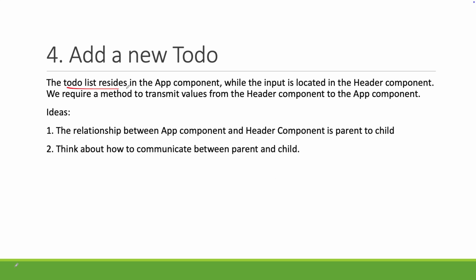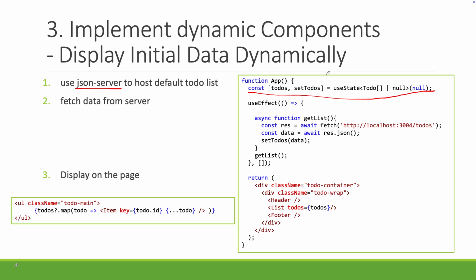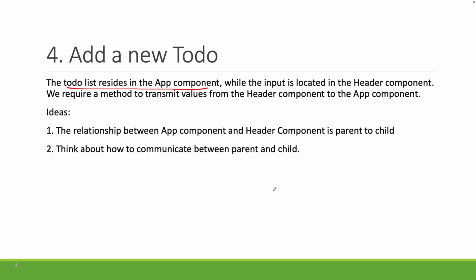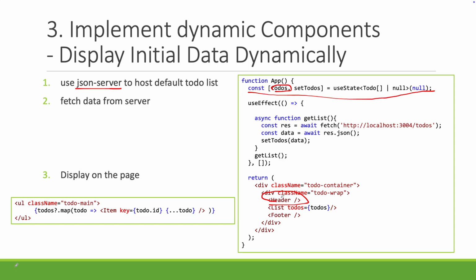The to-do list resides in the app component, which is here, and the input for adding a to-do is in the header, this one. So we require a method to transmit the values from the header component to the app component. Because when the user enters the data, it's in the header, we have to pass the data to save into these to-dos.